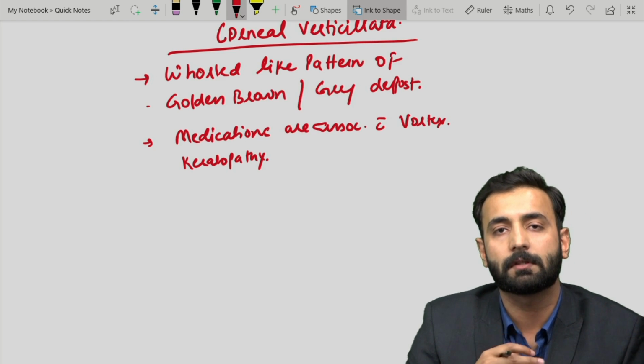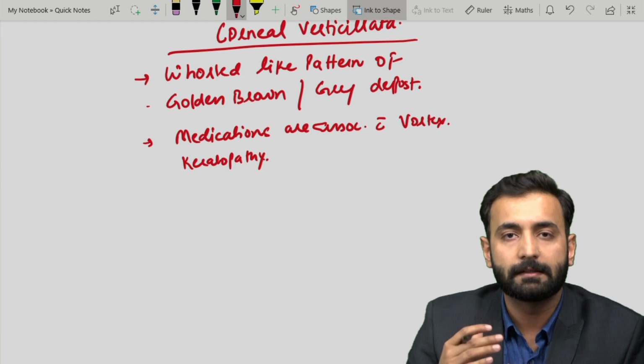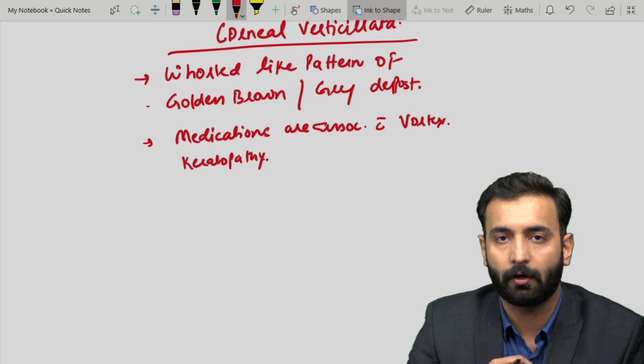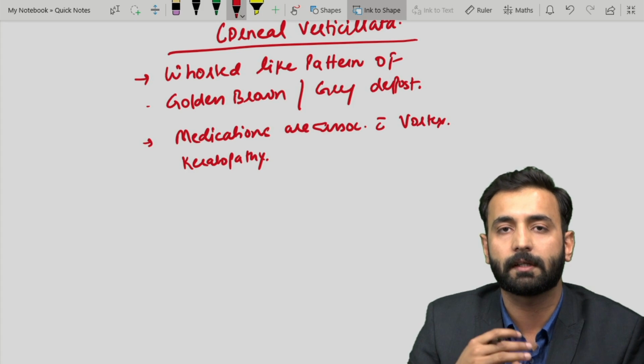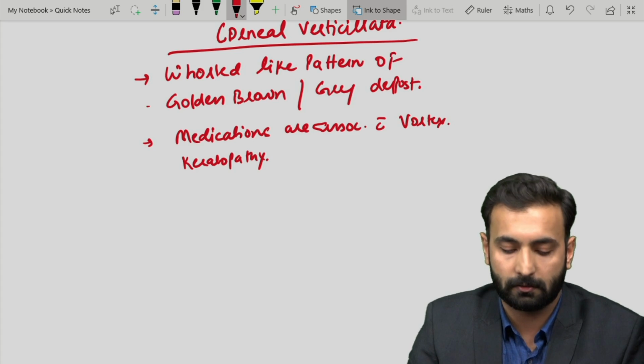So, what happens? These medications have affinity for cellular deposits present in the basal epithelial layer of the cornea, right. Why do they have affinity? Because of the cationic and amphiphilic properties of these drugs.